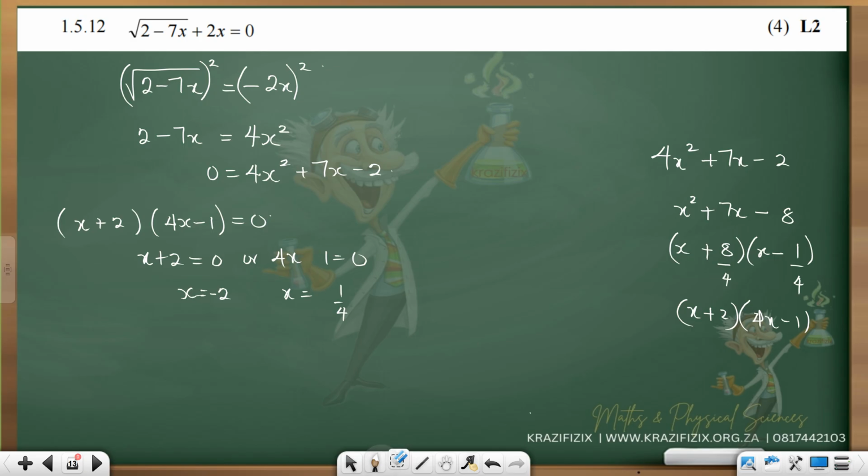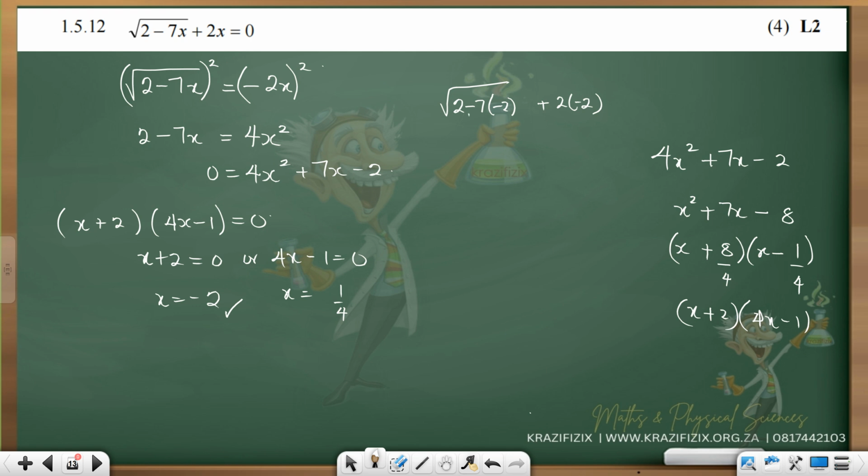All right, let's see. 1 over 4, which one should work? The negative 2 should work because I'm going to have 2 plus 14, 16. So it's going to be 2 minus 7 times minus 2 plus 2.